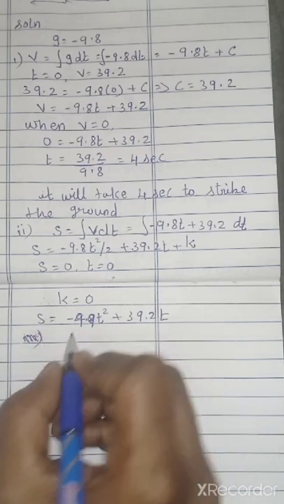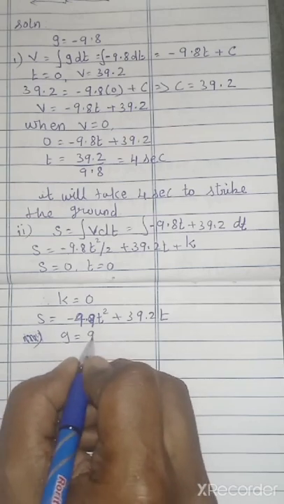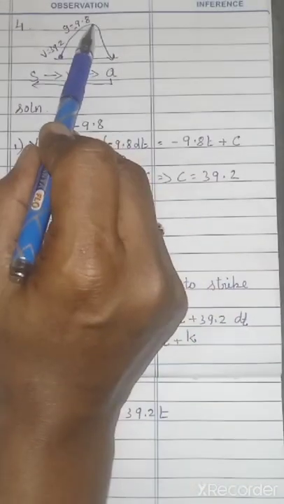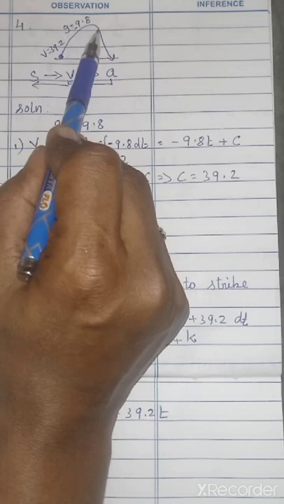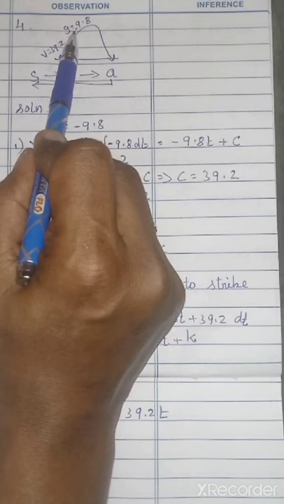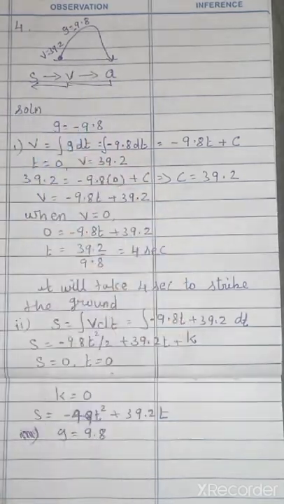So here again we are taking that g value as 9.8. Downwards, while coming down, look at this diagram, with which it will strike the ground, so it is 9.8. Going upward we have taken minus 9.8, so towards the ground, while coming down, we can take it as 9.8.